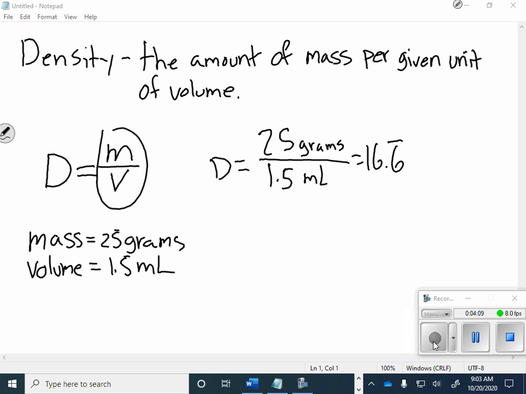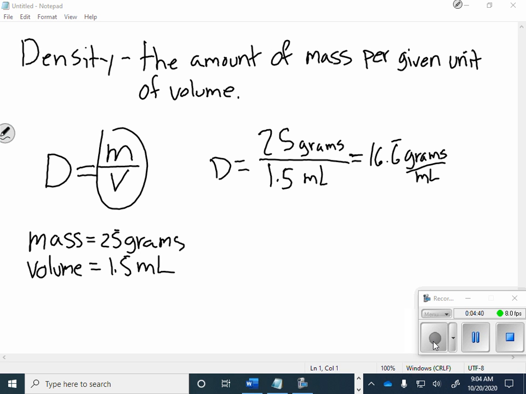So this is a naked number. It has no units. We need to dress it up. It had grams divided by milliliters. So 16.6 repeated grams divided by milliliters.